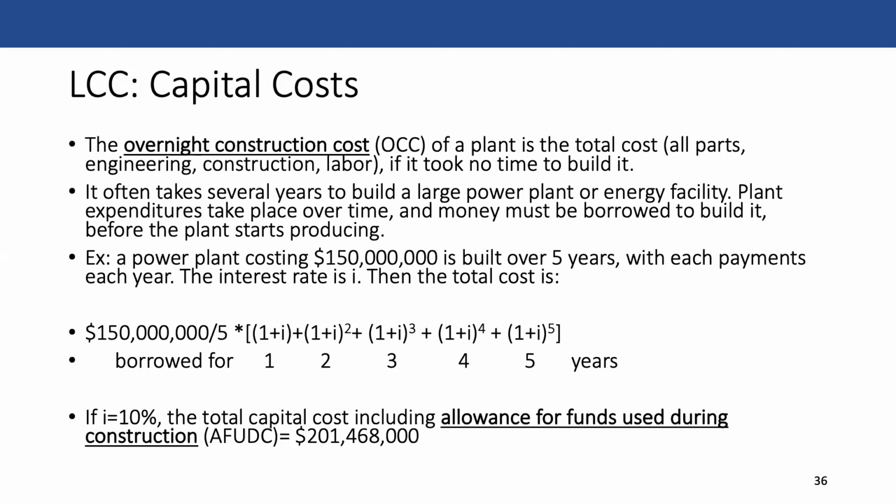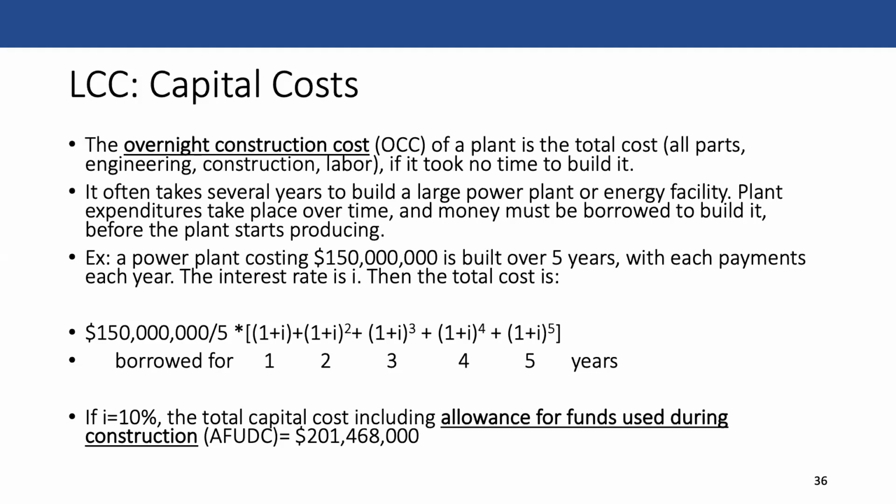So suppose the plant costs $150 million, it's built over 5 years with an interest rate of I. The total cost would be something like this: 150 million over 5 years, and each year progressively is affected by some kind of interest rate.